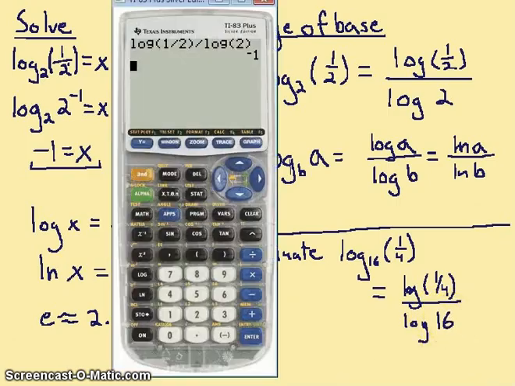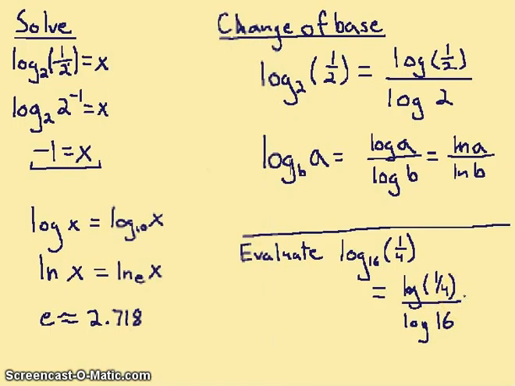So if I go to the calculator here, this is going to be the log of 1/4, and then divided by log 16. Alright, and then that's it. So there's -1/2 for that one. This one equals -1/2. So when we put that in, that's what we'll expect.